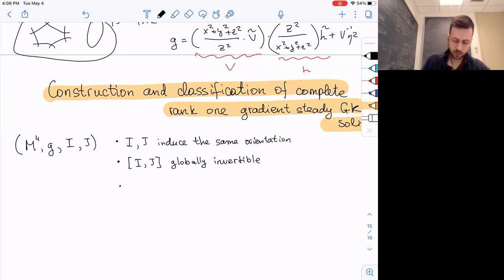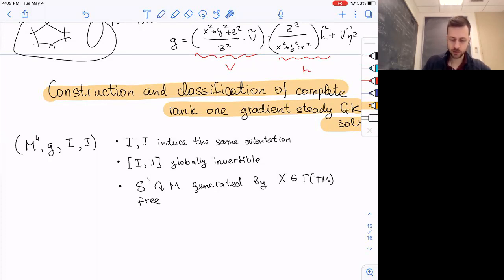And we assume also that there is an S1 action on M generated by the vector field X. And for now, let's assume that it is free.